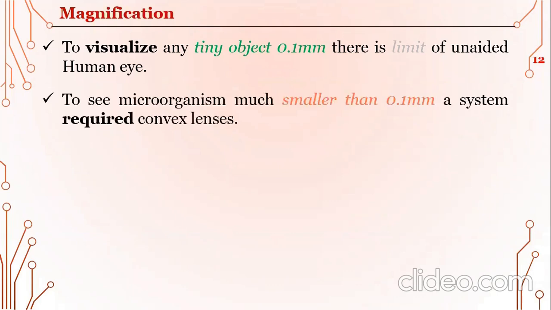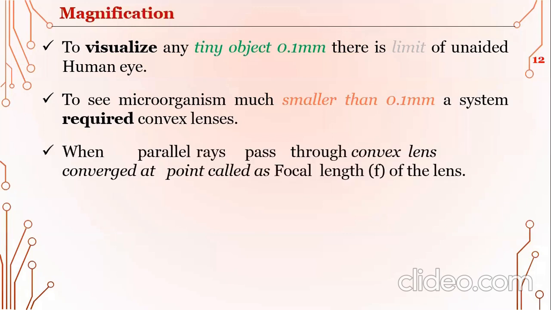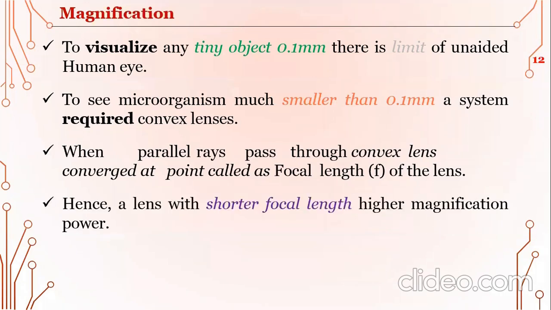To see microorganisms much smaller than 0.1 millimeter, a system with a convex lens is needed. When parallel rays pass through a convex lens, they converge at a point, and the distance is called the focal length of the lens. A lens with shorter focal length has higher magnification power, and vice versa, so a longer focal length means lower magnification.